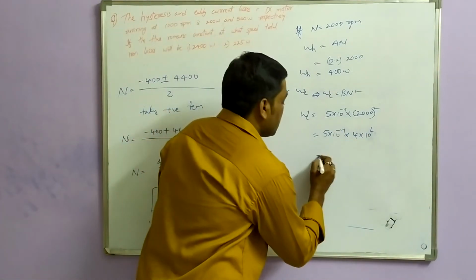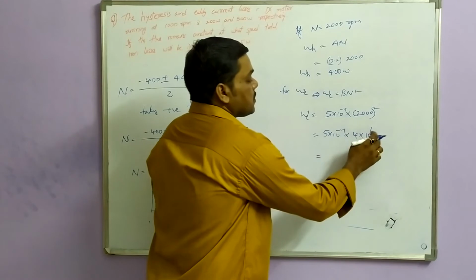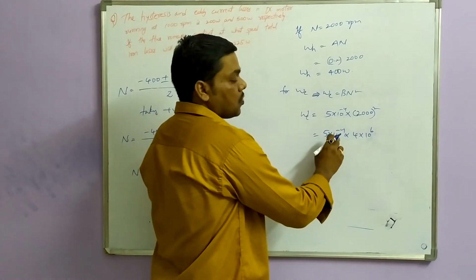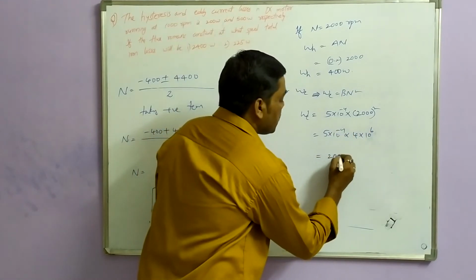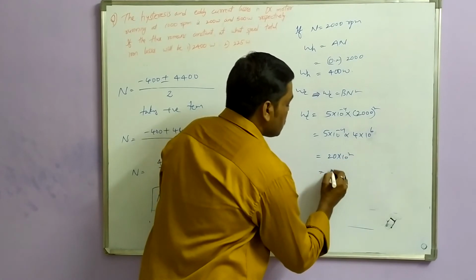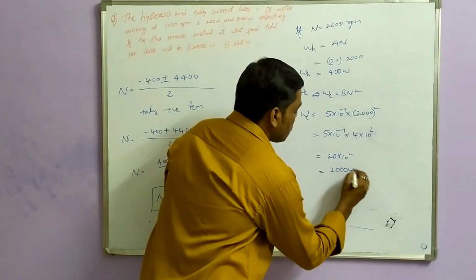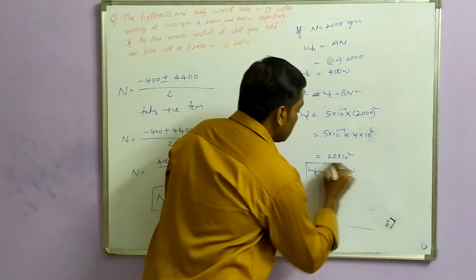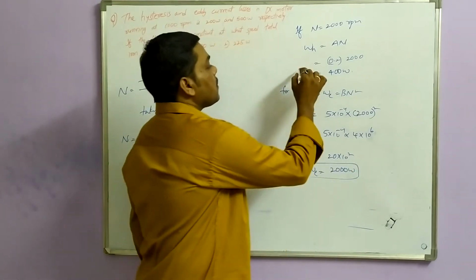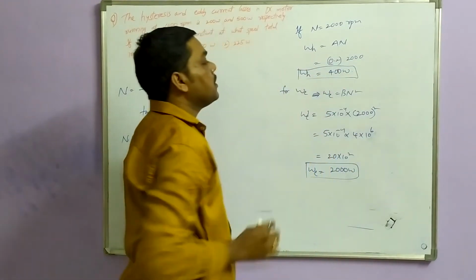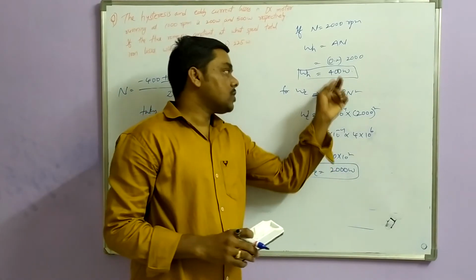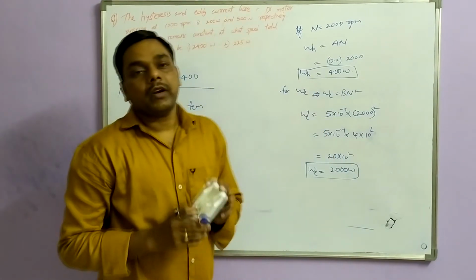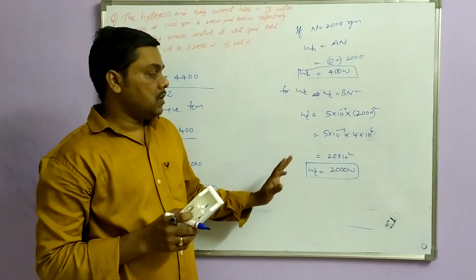You can see here, so 10 power 6 minus 4, so it will be 2, and 20 into 10 square, so you may get 2000 watts. Now this will be the eddy current losses, and this will be the hysteresis losses. 2000 plus 400, 2400 for the first case.